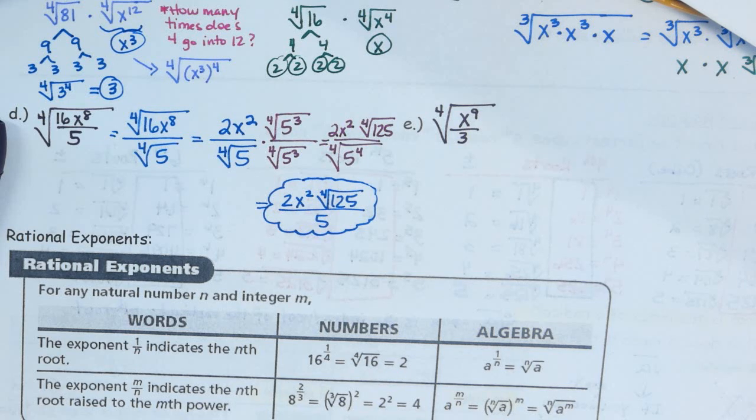Your first step should always be to break it up into the numerator and denominator. Okay? If you're not sure how to simplify the numerator, let's see if you can find what you multiply by.